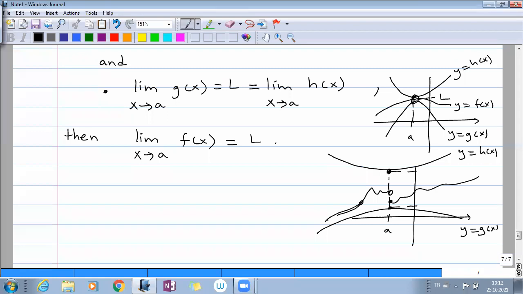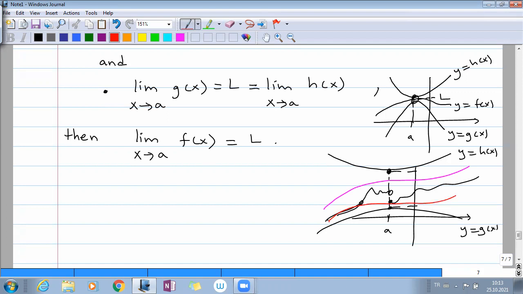It doesn't have to have a limit, and even if it has a limit, the function in between may have a limit, but it can be any number between these two.